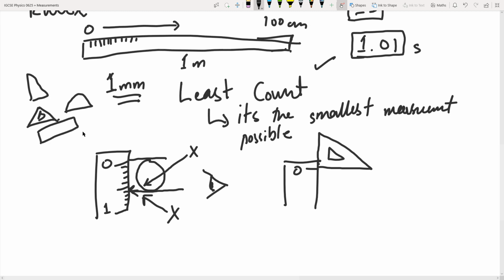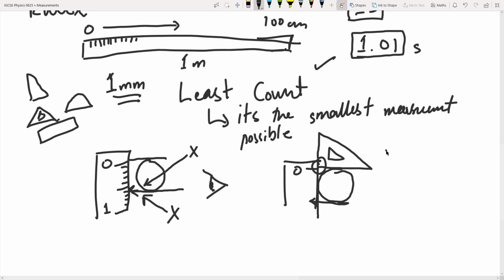So I'm going to take a ruler and a right angle triangle. I'm going to join these sides so that it becomes a perfect 90-degree angle at this point, and then I must place my object leveled with this, and then view directly from this. This way I will have the surety that my measurement is accurate.